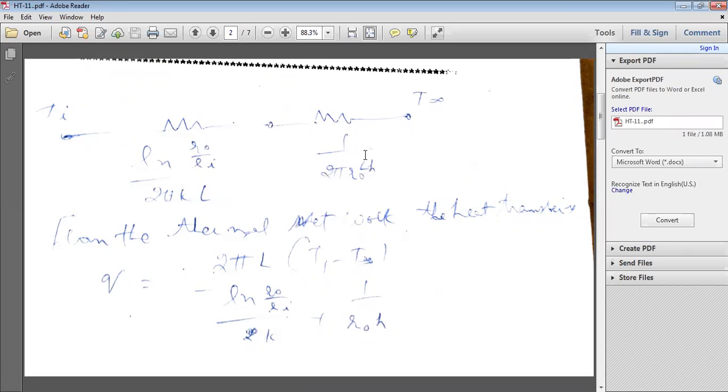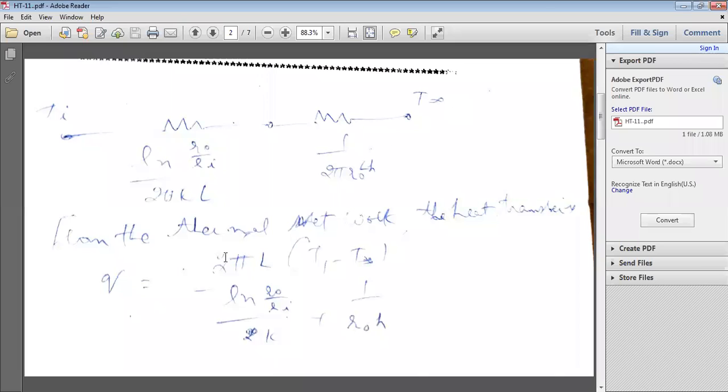And the convective thermal resistance is 1 by HA, with surface area 2 pi R L, where R is the outer radius here, so 2 pi Ro L into H. These two are in series, with inside temperature Ti and outside free stream or fluid temperature T free stream.